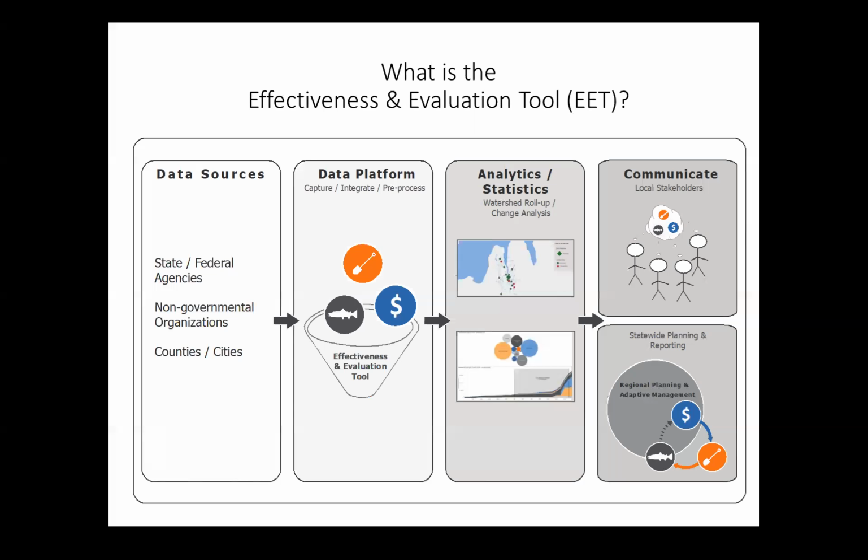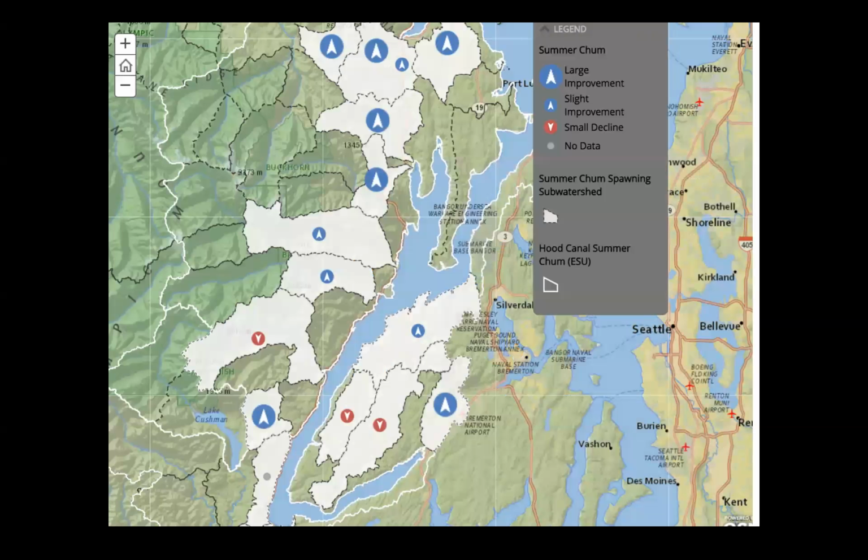With lofty goals. So my background's in GIS, so I provided GIS support. We felt pretty comfortable with mapping and story maps, being able to show the user where. And this is Hood Canal, summer chum population.